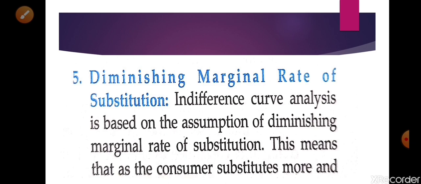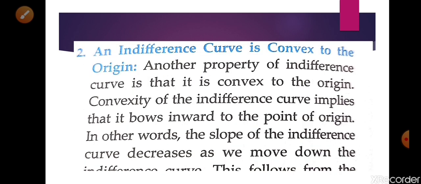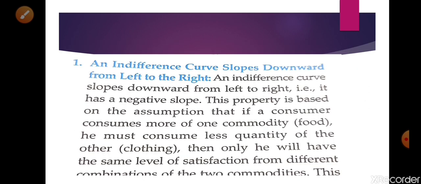Diminishing marginal rate of substitution means the consumer substitutes more and more: after having one combination he will not go for the same combination, he will go for another combination. So these were the assumptions for an indifference curve.